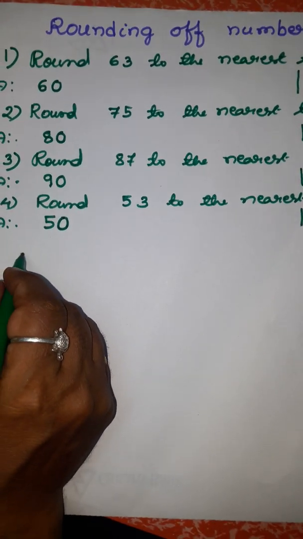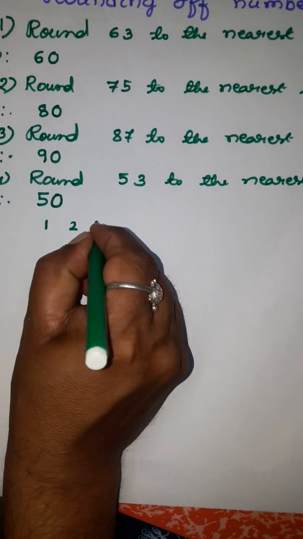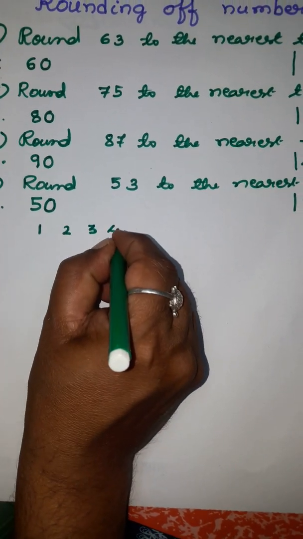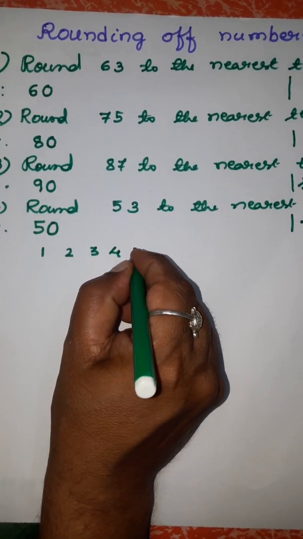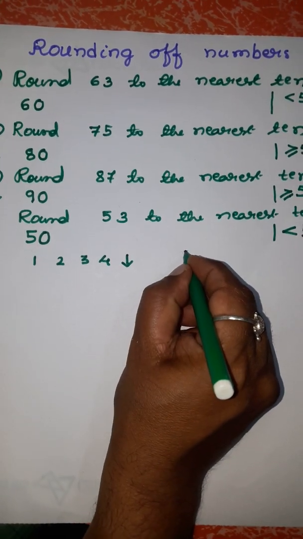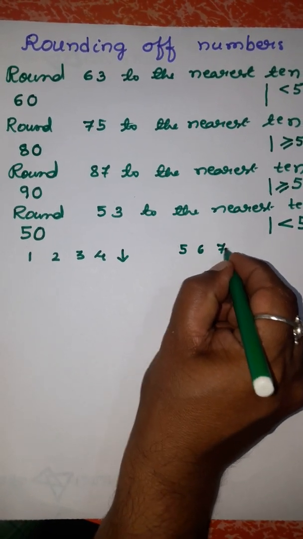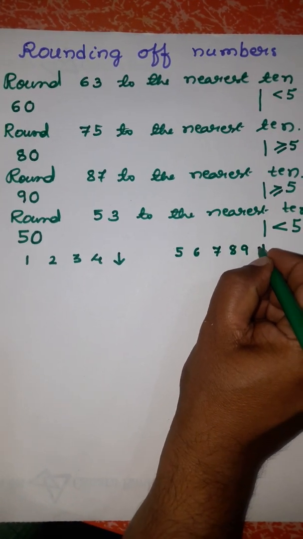Now I am going to tell you the rules. Now if you have digits 1, 2, 3, 4 in unit place, you round it down. If you find digits 5, 6, 7, 8, 9, you round up.